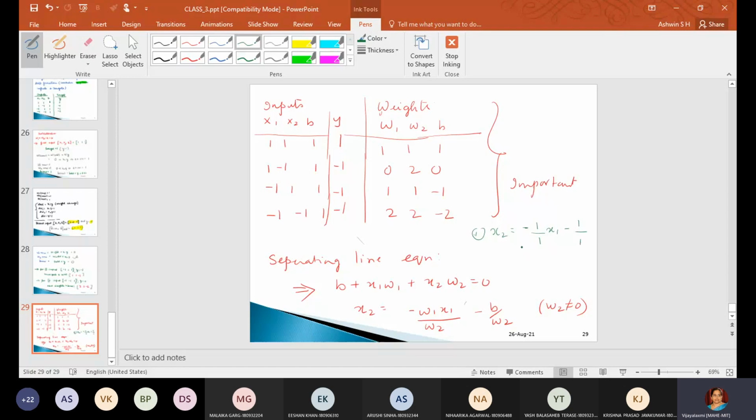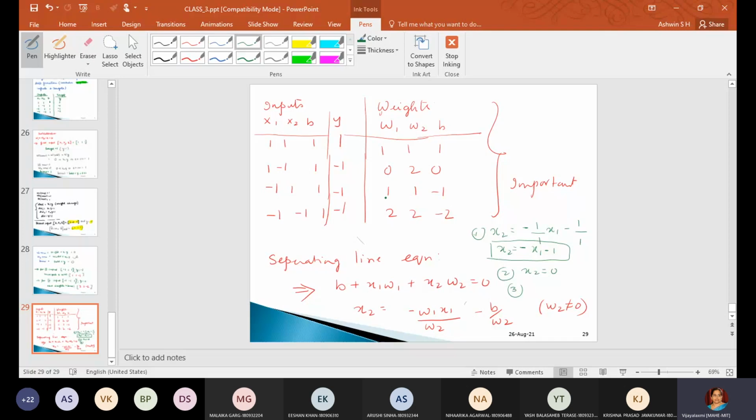So the first equation is x2 equals minus x1 minus 1. Similarly, the second equation: minus 0 times x1 by 2 is 0, and 0 by 2 is 0. So the second equation is x2 equals 0.